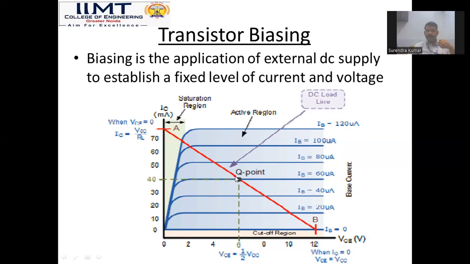Here, this is the Q point, and for this Q point we have a fixed value of VCE, and for this VCE we have the corresponding current IC. To stabilize this Q point in the active region of the characteristics, we use some basic biasing circuits. This is our main aim.